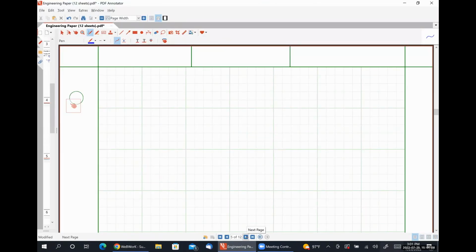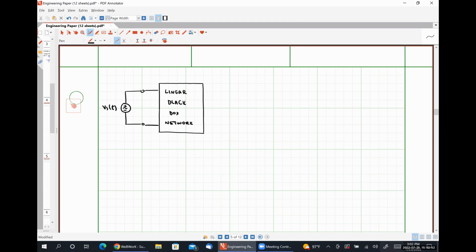All right. So let's say that we have a linear black box network, and we apply a time varying voltage signal, Vs of t, and we measure some response, I of t.